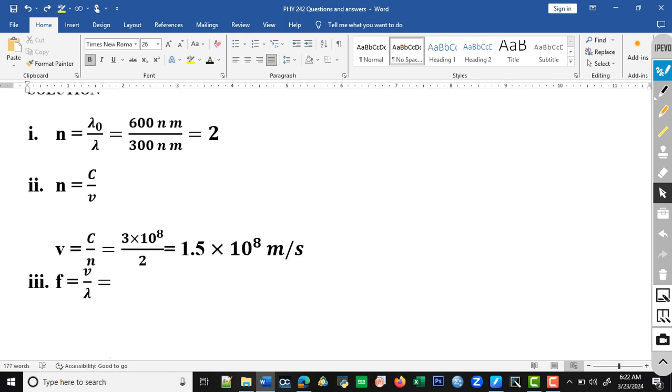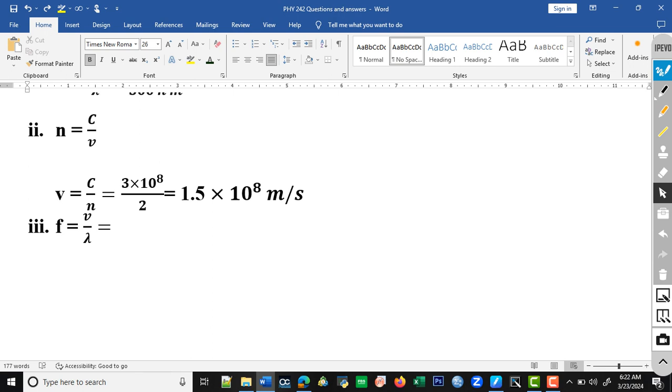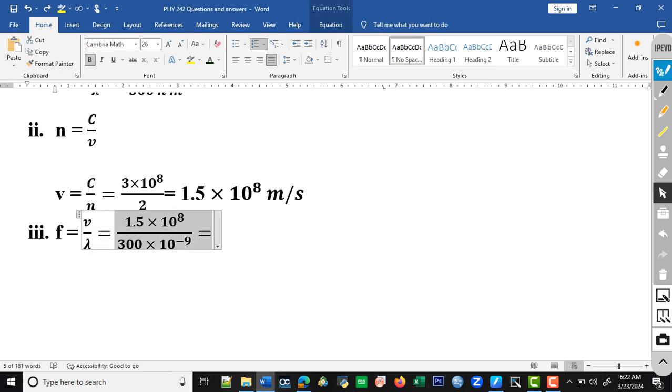The nano there, as I initially said, means 10 to the power minus 9. So we are going to do the conversion and divide this by 1.5 times 10 to the power 8. Look at this, the velocity of light in the medium. This one was nanometer, and nano is 10 to the power minus 9. Now this one is 300.